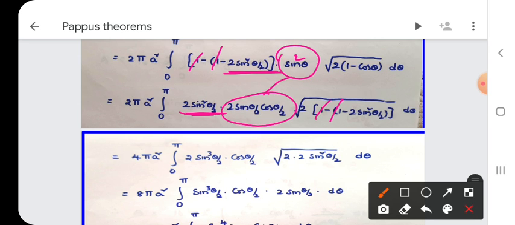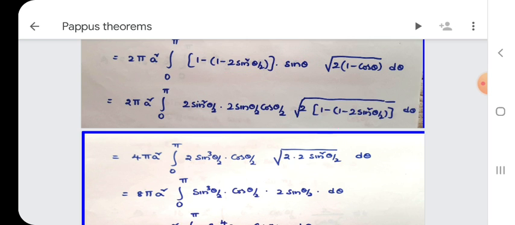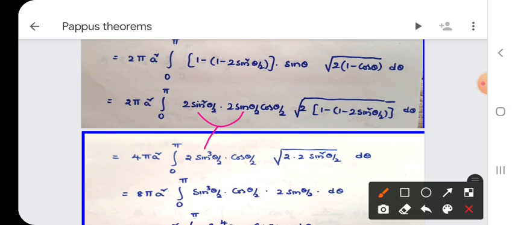Here also 1 cancels. What is the remaining term? 2 into 2, 4 sin square theta by 2. Sin square theta by 2 into sin theta by 2 is sin cube theta by 2. This is cos theta by 2. 1 cancels, we get 2 into 2 sin square theta by 2, 2 into 2, 4 pi a square, I write outside.